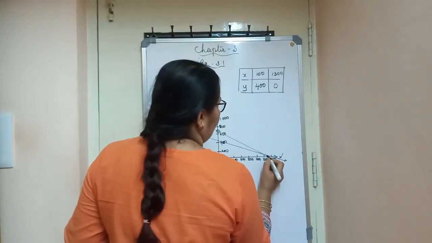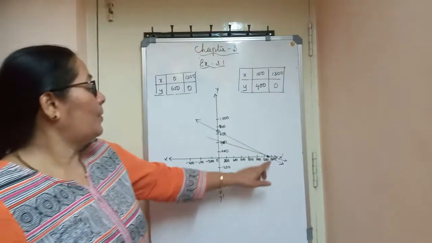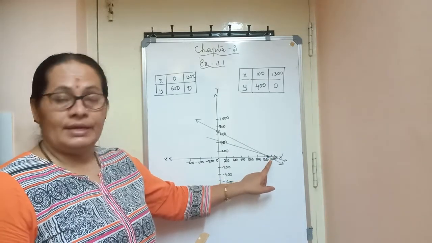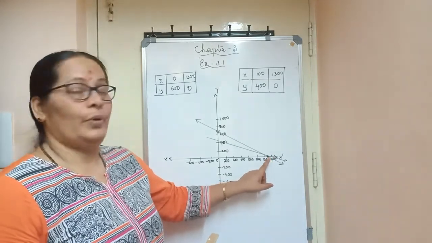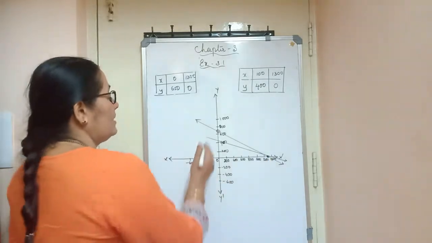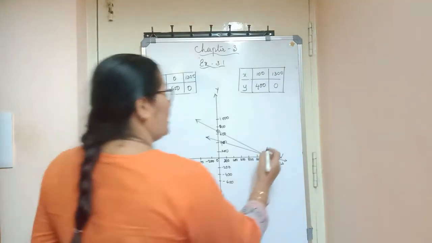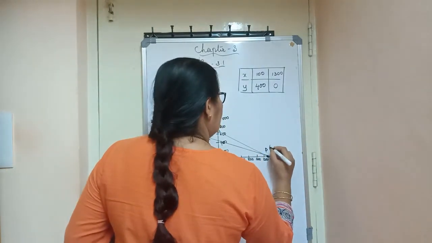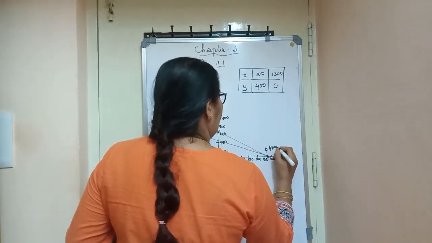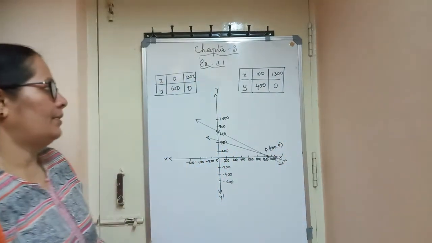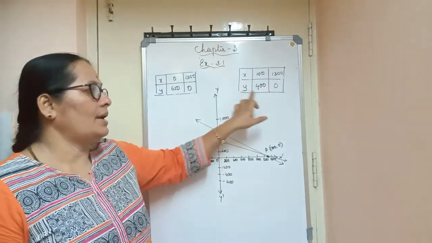Now see here. So at this point, that is 1300, when x is 1300 and y is 0. So at this point, both the lines are intersecting. Both the lines are intersecting at this point P. X is 1300, Y is 0.